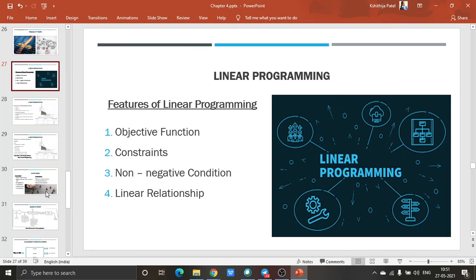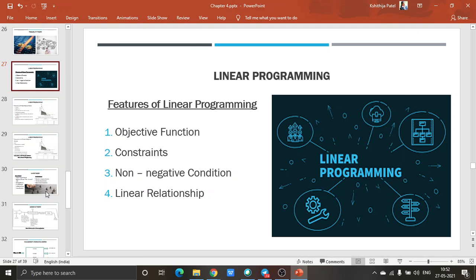Now when it comes to business problems, this can be expressed as maximization of profit or minimization of cost or any such thing which can be mentioned in terms of numbers. The next one is constraints.